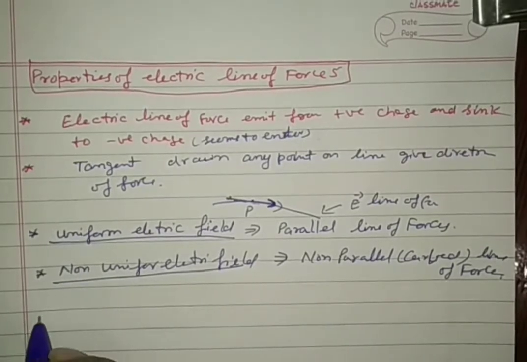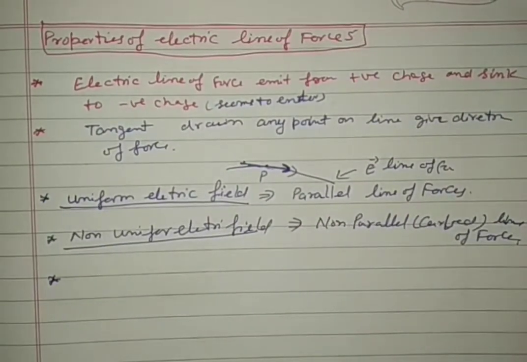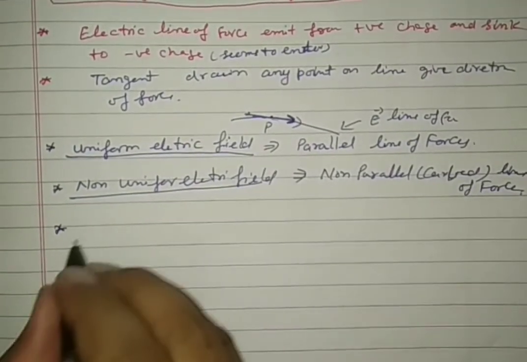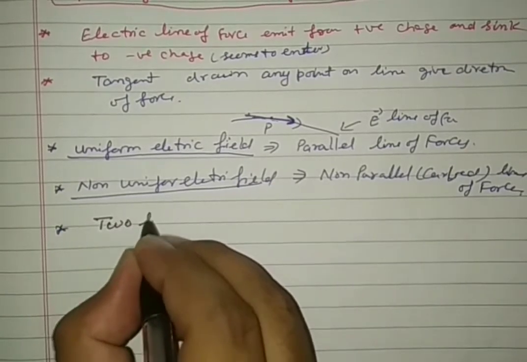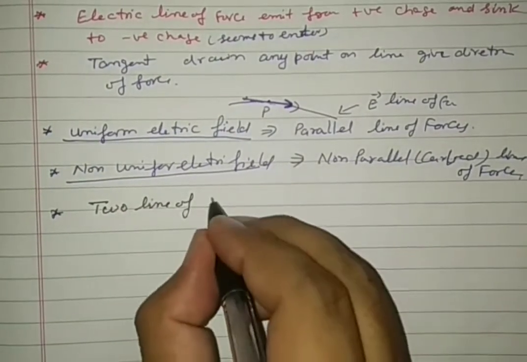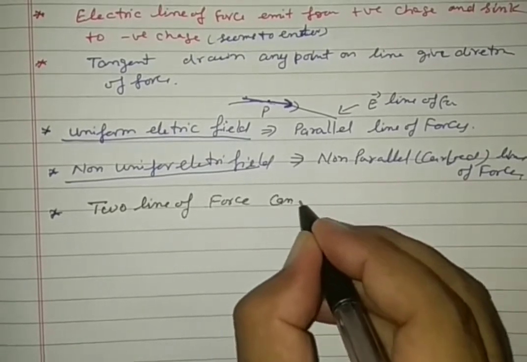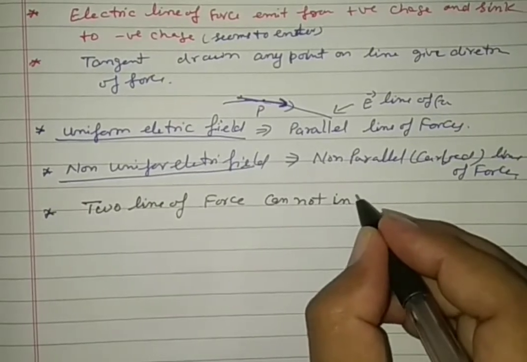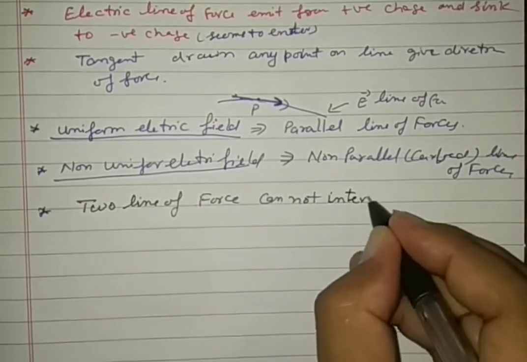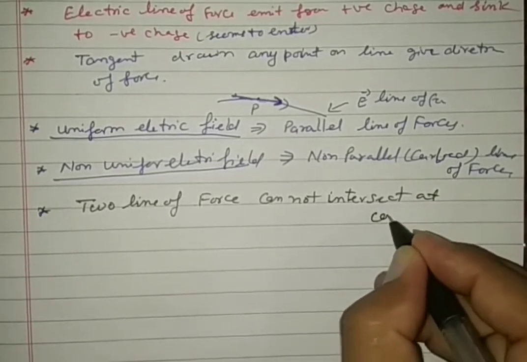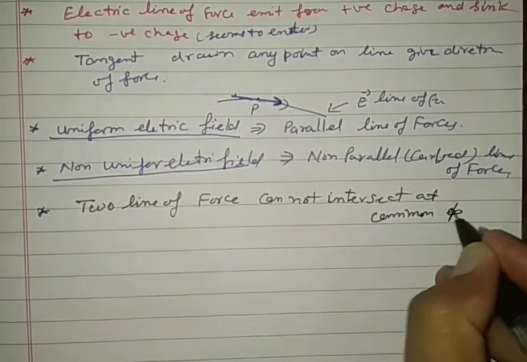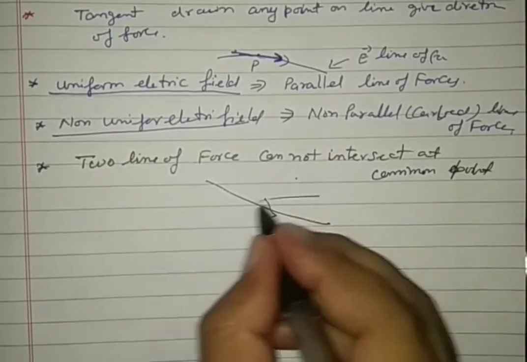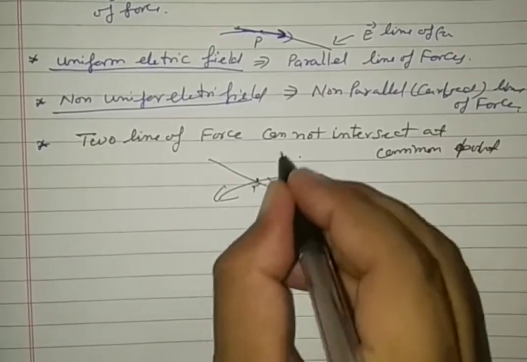Now see the next one. The next property of electric line of forces: two line of forces cannot intersect at a common point. This one is supposed to be a line of force, another line of force cannot intersect at a point.